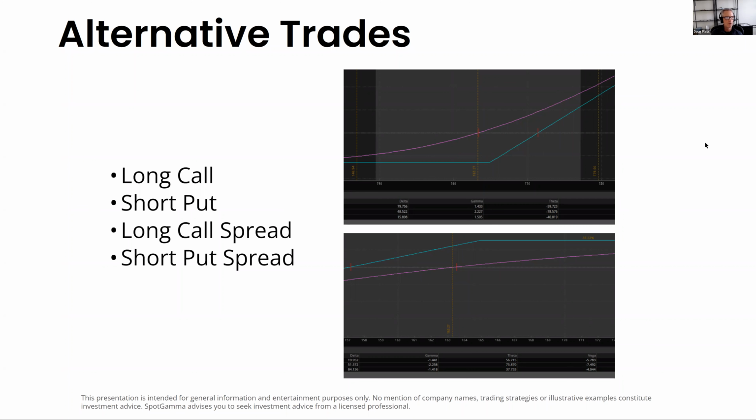And let's look at some alternative trade ideas. There were a number of ways to take the trade, and probably the easiest way was just to buy a call, and assume that if you're watching this for a while, seeing the key gamma strike or the absolute gamma strike hold as support, just buy a call and go about your day, or wait for that trend break and a more precise entry, buying QQQ shares if that's how you want to approach it, or selling a put or buying a long call spread, and that would minimize your time decay, time risk, and also a short put spread instead of a short put, and that would lower your margin and your risk.